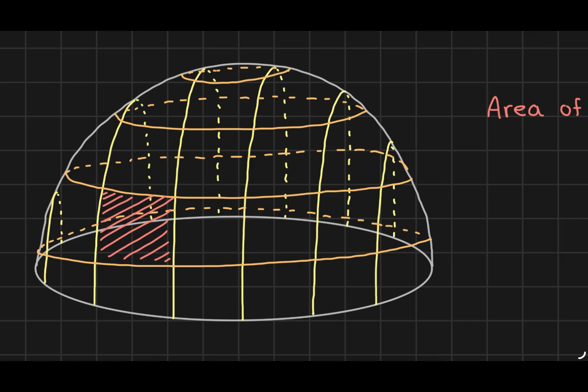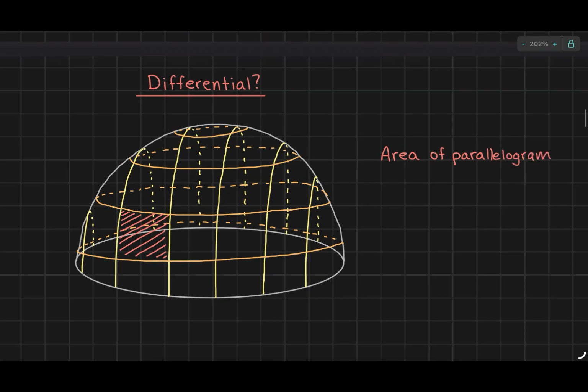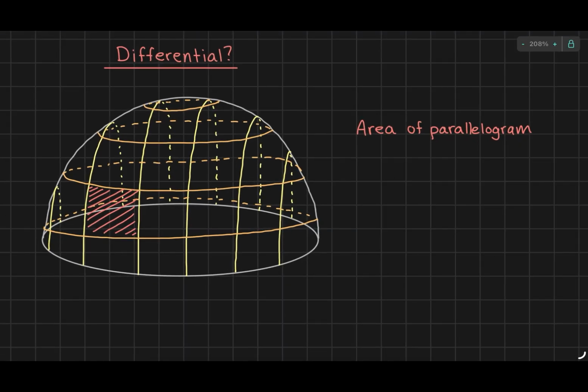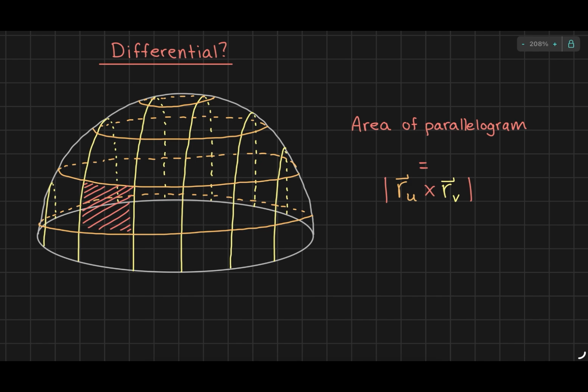What that means is we need to find the area of this parallelogram, because the area of the parallelogram is essentially going to give us our Jacobian if we take the magnitude of the cross product of r sub u and r sub v. Just recall that in vector calculus, the magnitude of the cross product of two vectors gives the area of the parallelogram that they span.